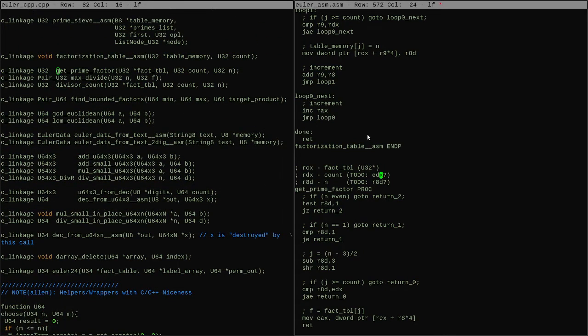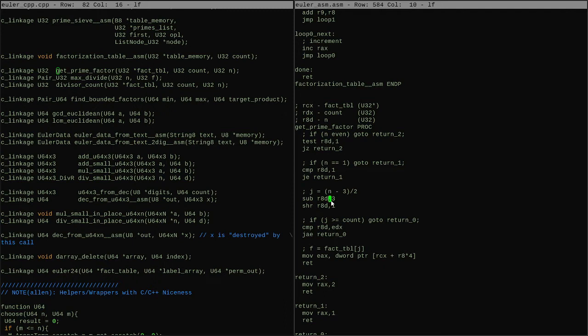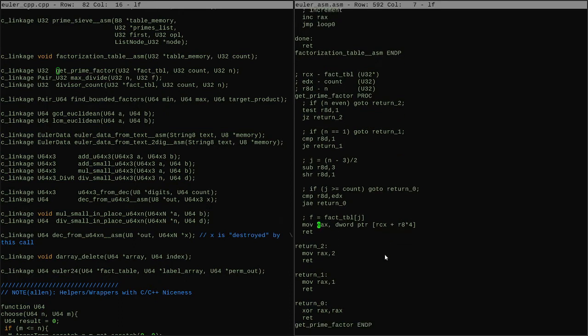We have a U32 pointer, a U32 count, and a U32 N. It looks like I just implemented this whole thing in 4-byte operations, so there's no need to do anything.